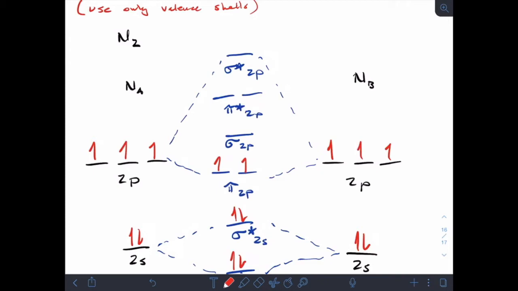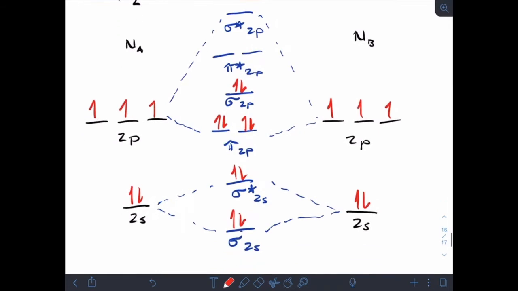So I've got 6, 1, 2. Now I can pair them 3, 4, 5, 6. And the number of electrons in the center of the drawing should match the total number of electrons between the 2 atoms. So this is how we do an MO diagram for larger molecules with more valence electrons.